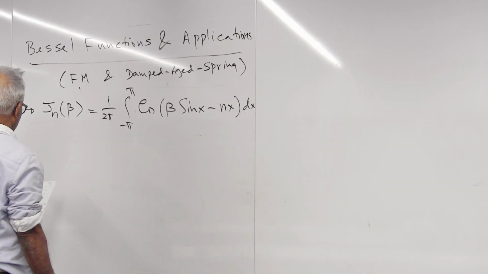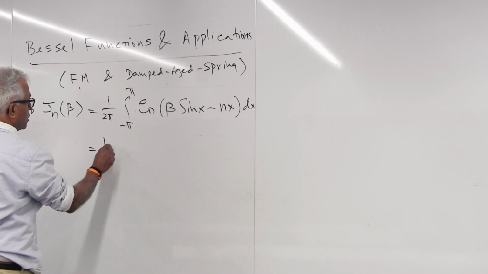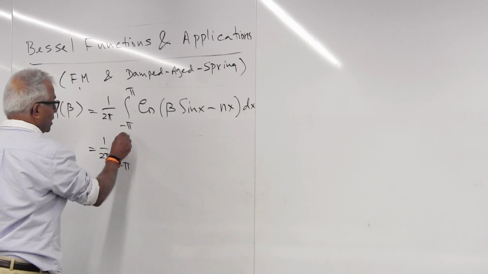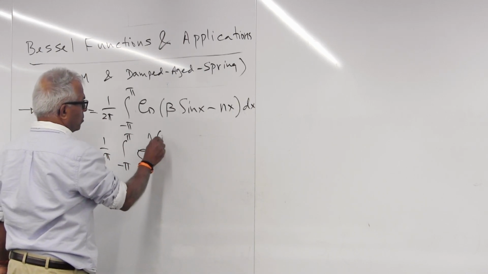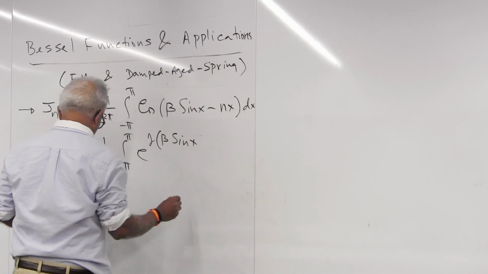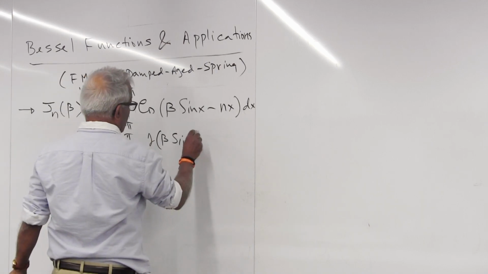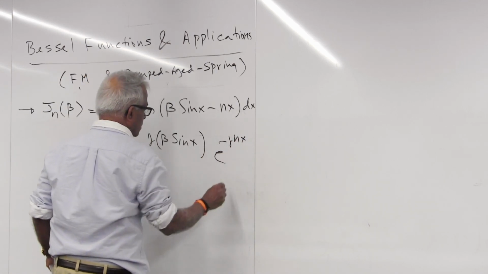Since it is real, I can write this as 1 over 2 pi, integral from minus pi to pi, as we had before, of e raised to j beta sine x, times e raised to minus j n x.